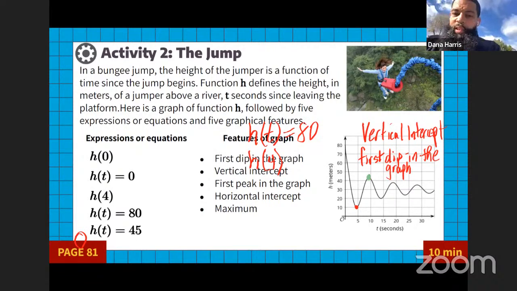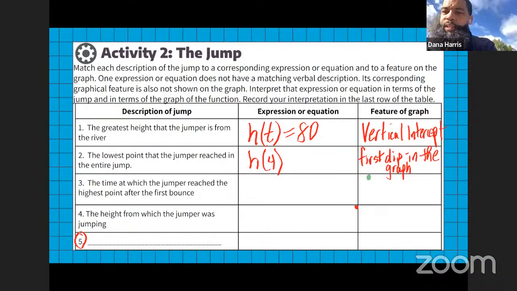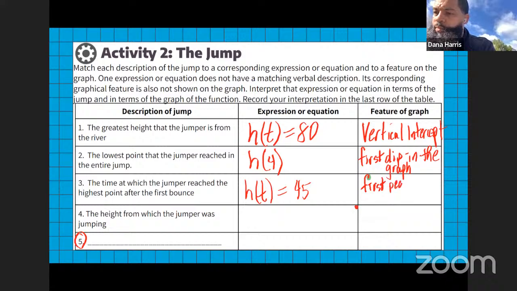So now if we go back to the table, this is going to actually be h of t equals 45. That's the one that's missing in your workbook. So if you didn't write that down, you want to write this down. It's not listed in your workbook, okay? So this is the first peak in the graph, okay?